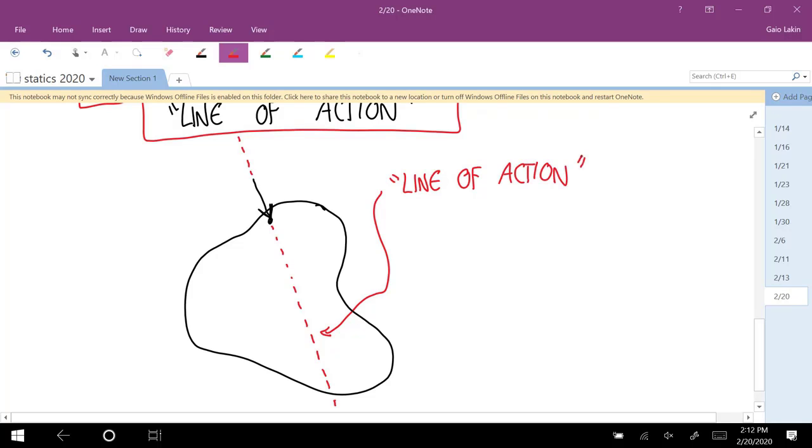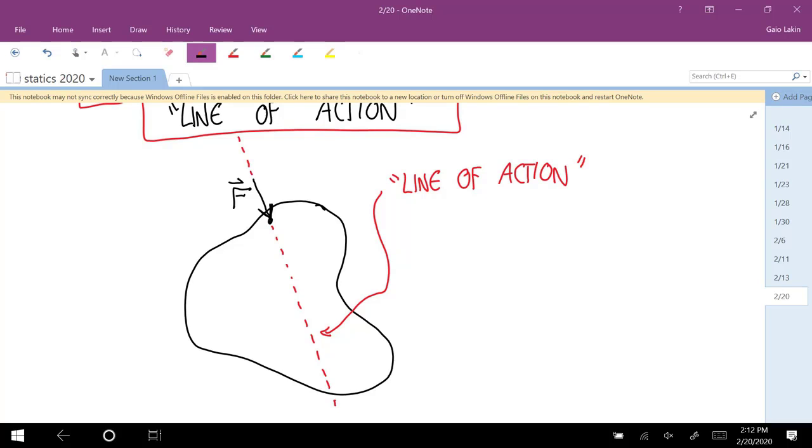And if it makes the calculation easier, you can move that force vector, let me name it, this force vector F, anywhere you want along that dotted line. So you can say that force is applied here or here or here.